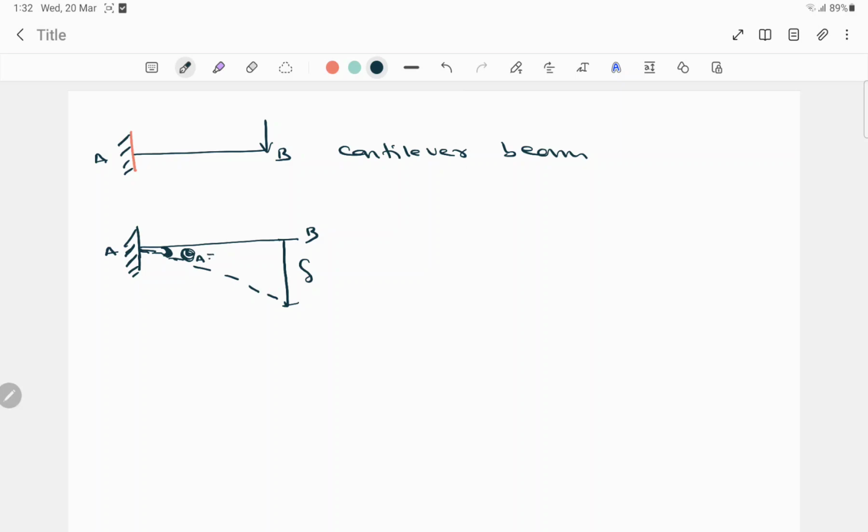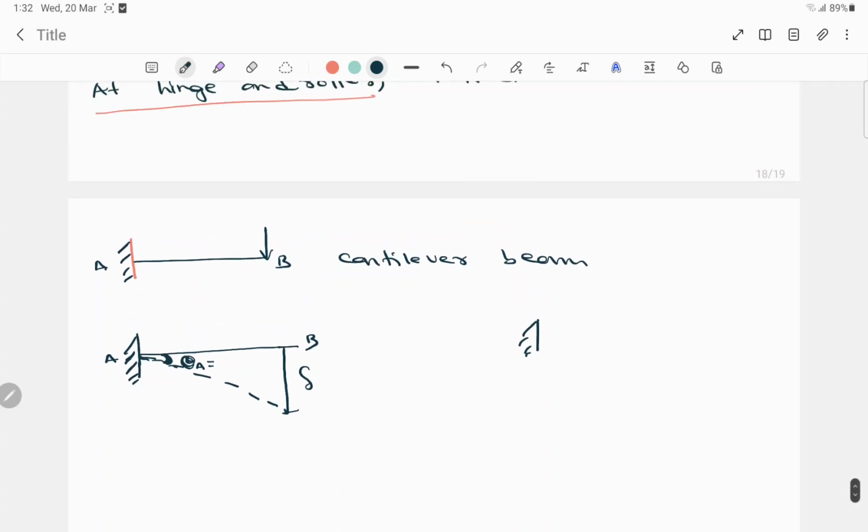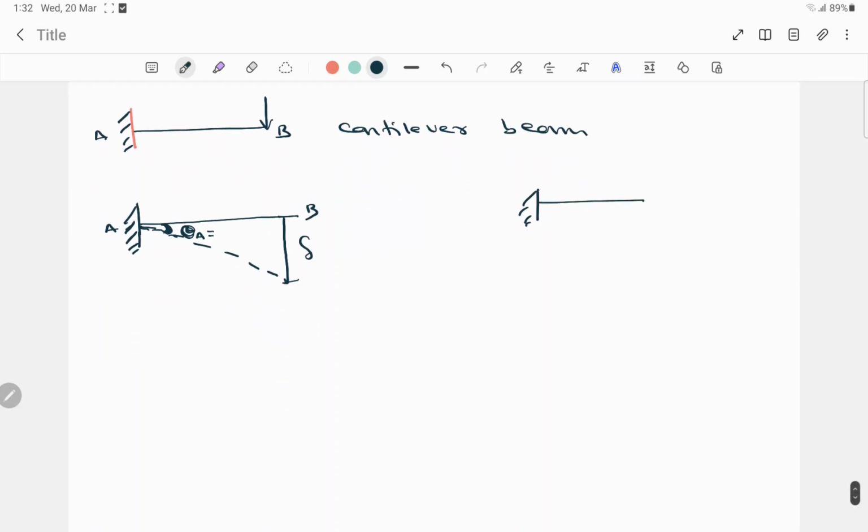Suppose this is a beam and it's deflecting like this. So slope formation will be there, but it will be too small, like 0.001 kind of, so we can consider it as approximately 0. Okay, and there is no translation in the fixed supports, so here the theta a value will be 0.